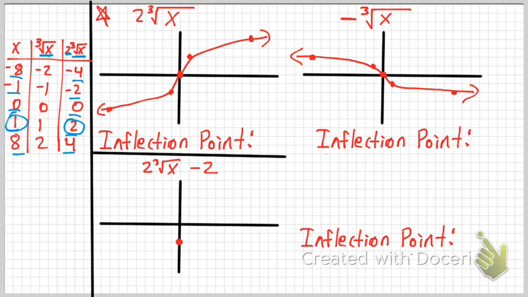So if I already know what my stretch is going to look like, then I can just follow that same map. So I'm going to go to the right 1, up 2, and then I'm going to go to the right 8, and up 4, and then to the left 1, down 2, and then to the left 8, and down 4.